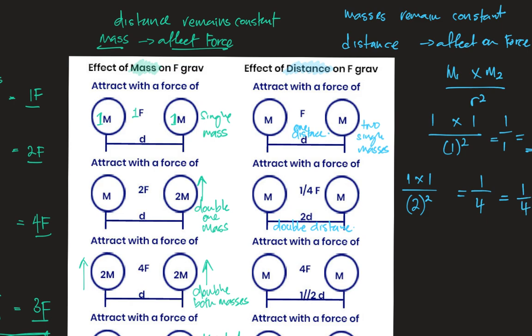So if I double the distance, I'm only going to get a quarter of the force. That's showing me that the further I go, the less the force. But we're going to ask you by what factor, or we're going to tell you the factor and you're going to have to do the calculation.